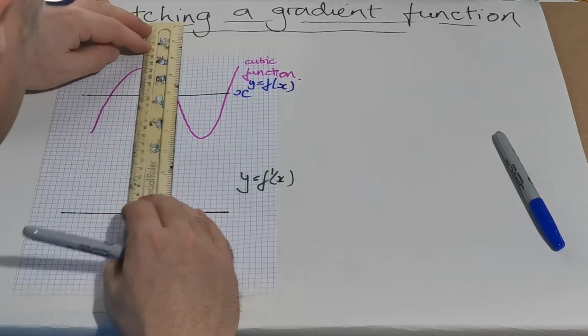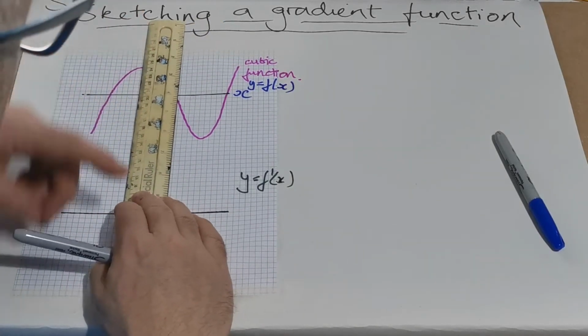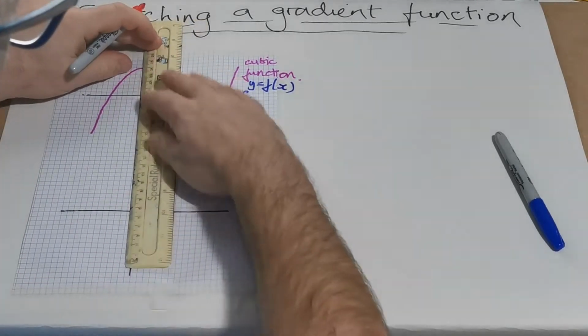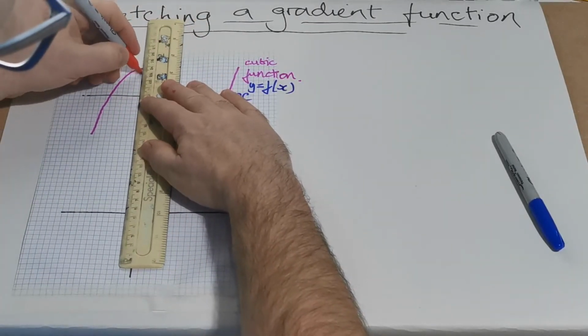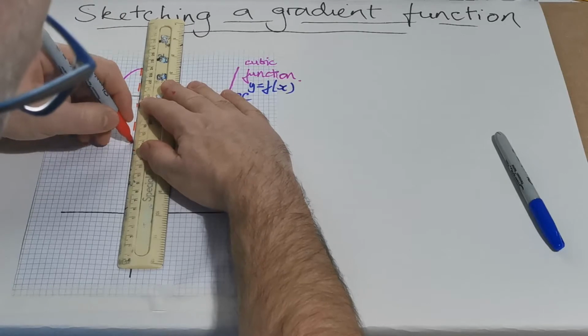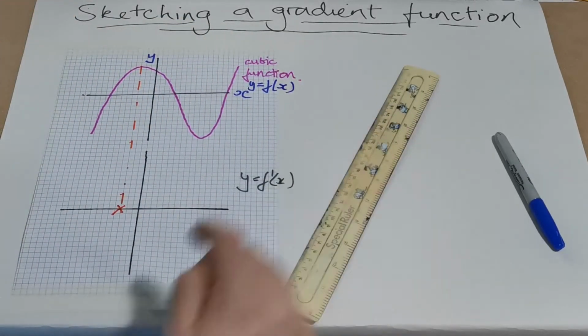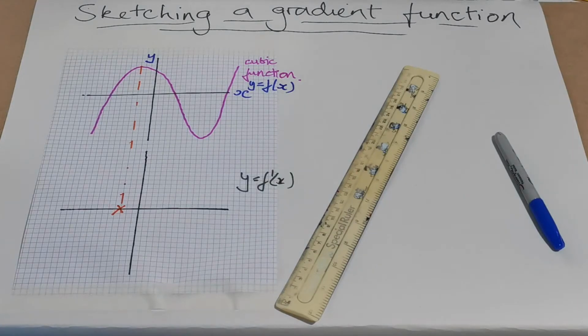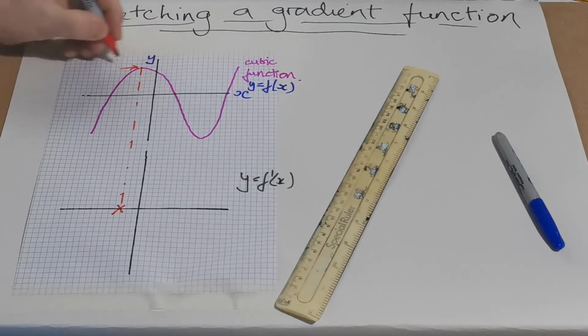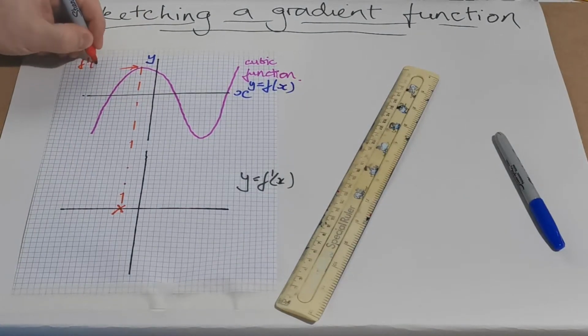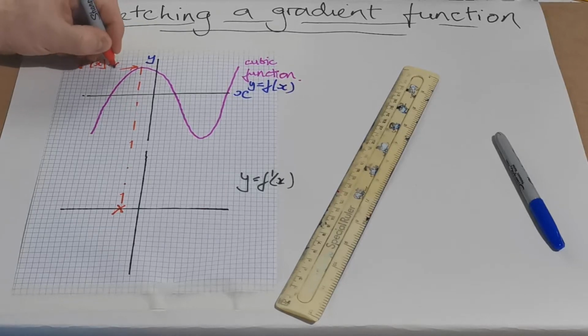So if I translate that down to my graph that's underneath, I know that this graph is going to go through 0. So f'(x) there would be equal to 0.